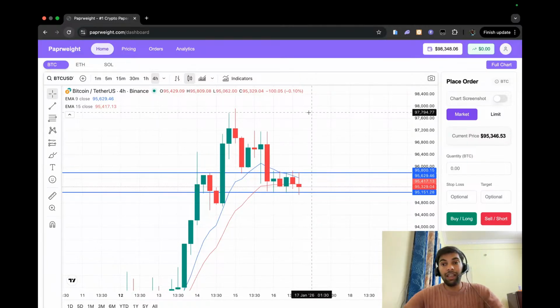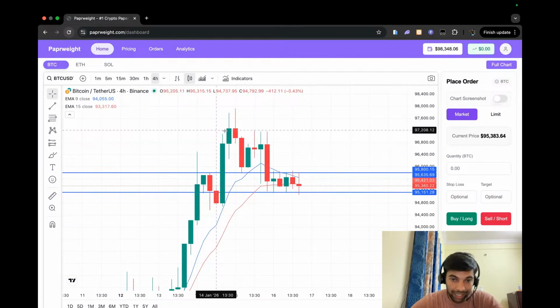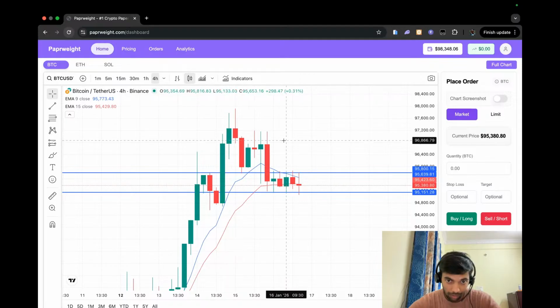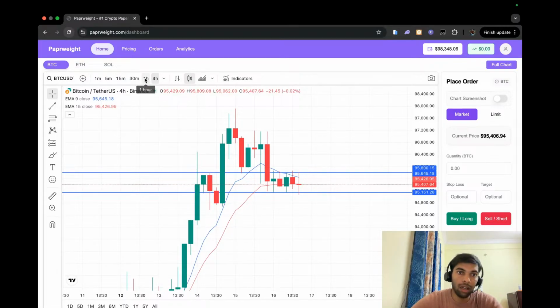So we can take advantage of either momentum. But right now let's see where the market will move. Right now it is in rest phase, so we have to avoid trading in this particular phase. That is the higher time interval, so let's see what is happening at the shorter time interval.